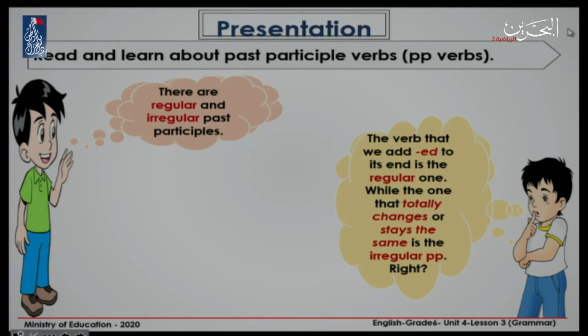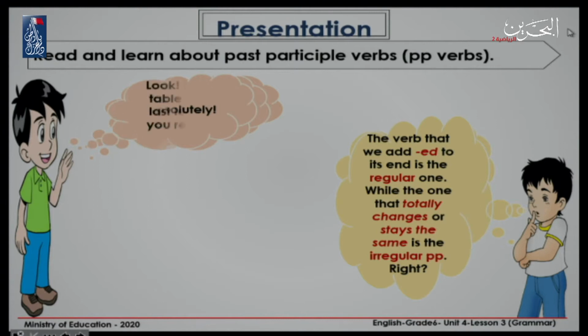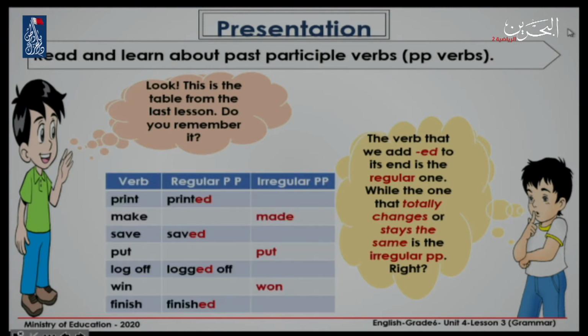The verb that we add ed to its end is the regular one, while the one that totally changes or stays the same is the irregular PP, right? Absolutely. Look, this is the table from the last lesson. Do you remember it? I'm sure that you remember it.